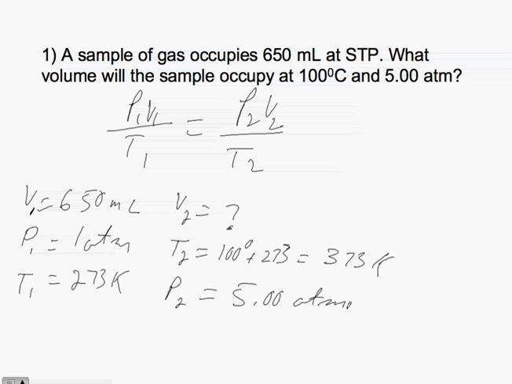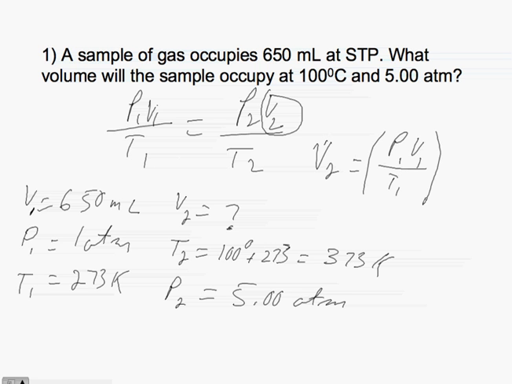So what we need to do is take this equation and solve it for V2. So we need to have V2 by itself. We bring T2 up and P2 down, and we'll have our formula that V2 is going to be equal to P1V1 over T1 times T2 over P2.